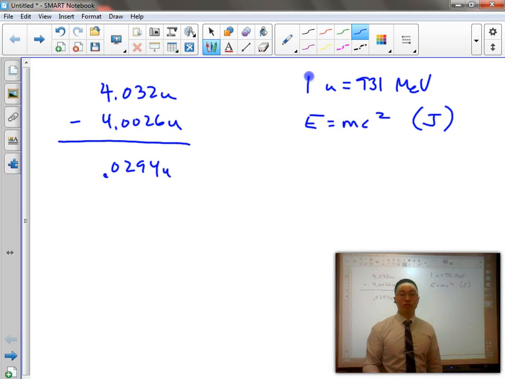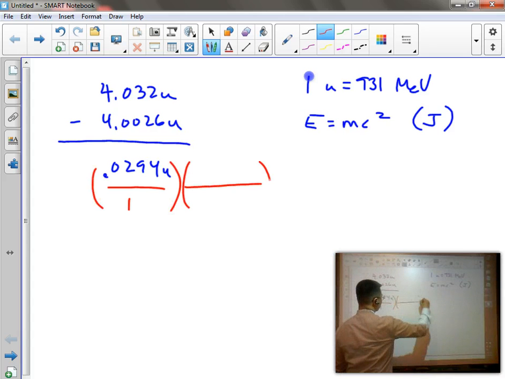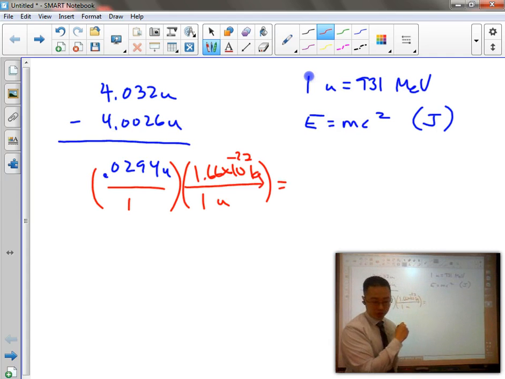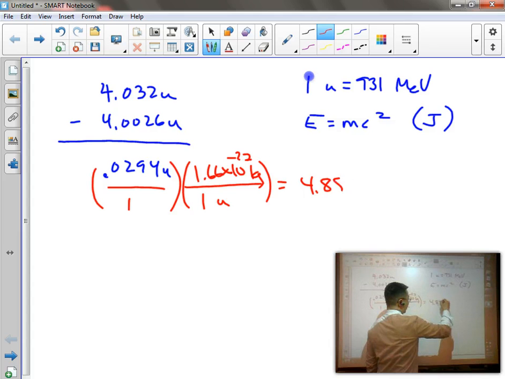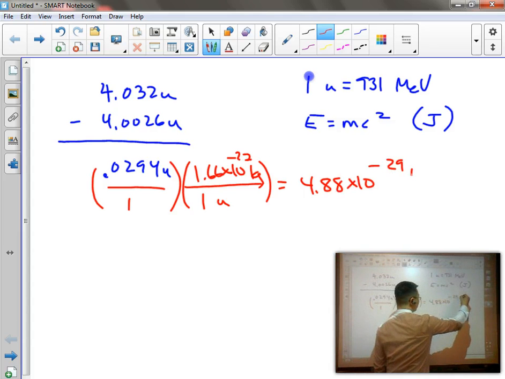If I wanted to solve how much energy was turned into the binding energy using E equals mc squared, I would first take my 0.0294 u and convert it into kilograms, which would equal 4.88 times 10 to the negative 29 kilograms.